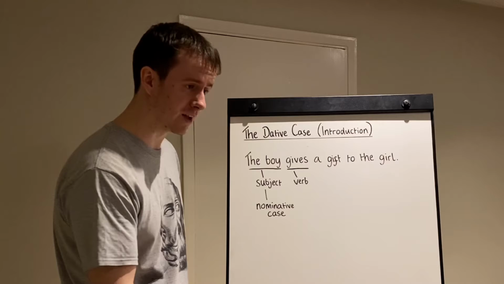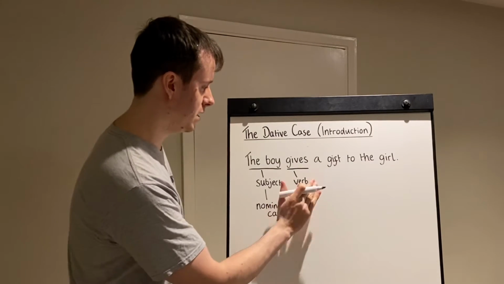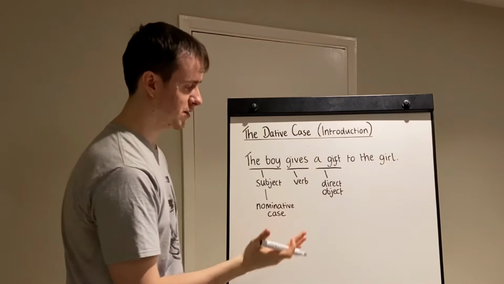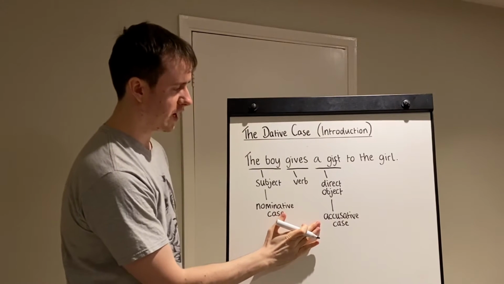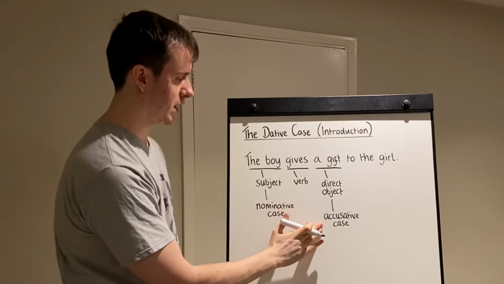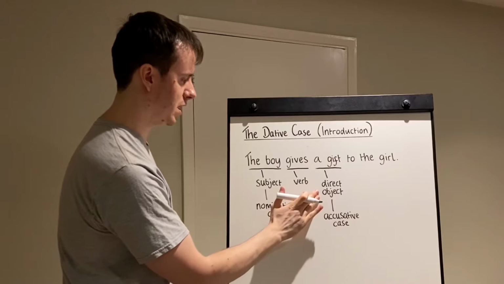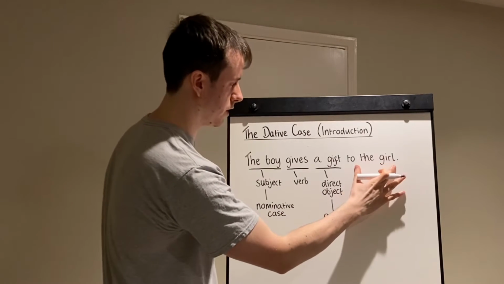It's the thing being given, and therefore, as I just said, the gift is the direct object, and in Greek that would be indicated by the accusative case. So the gift would be in the accusative case because the gift is the direct object. And then finally, we have this phrase, to the girl.